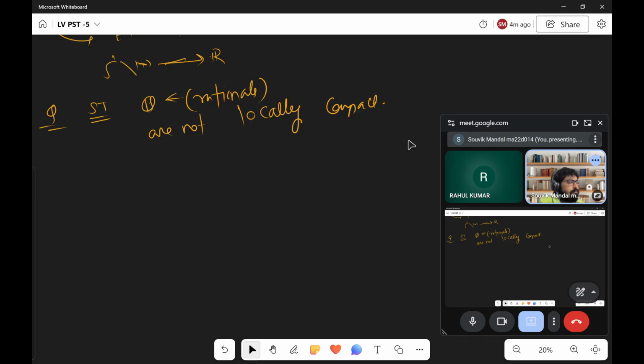Okay, repeat the argument again. Sir, as we took the element x from the rationals, if we take a neighborhood of that point, we get both rational and irrational points. But here we need a compact subspace of Q, and the only compact subspace we get is the singleton set x.